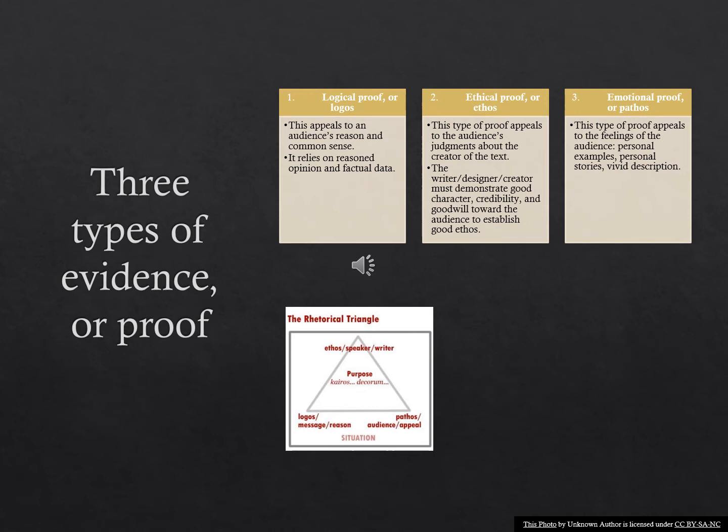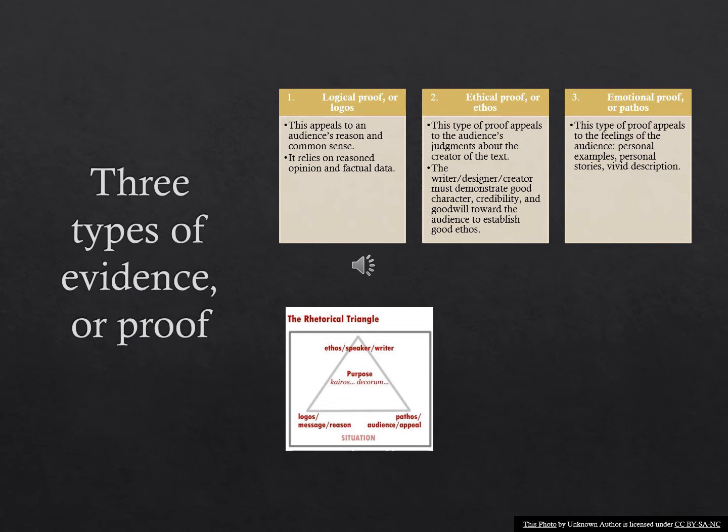So there are three general types of evidence or proof, and you may have heard of these in your high school English classes. They're things that are honestly common sense when you're creating a thesis-driven argument or analysis paper. They are divided into three different segments, and it's important for you to know all three of these. It's called the rhetorical triangle.